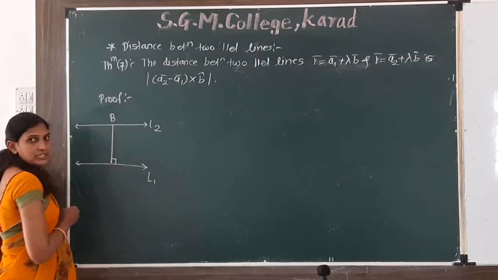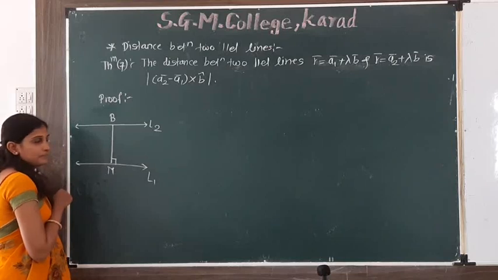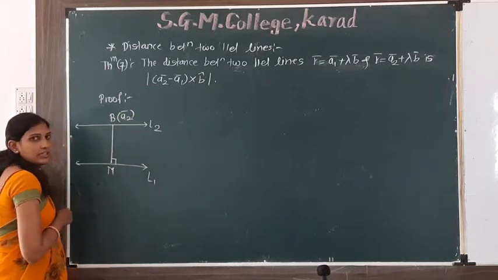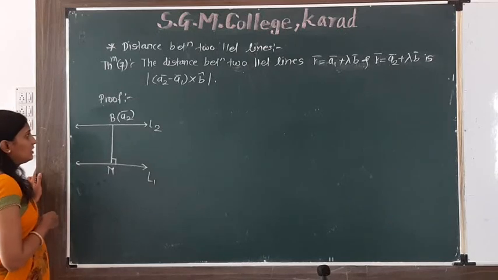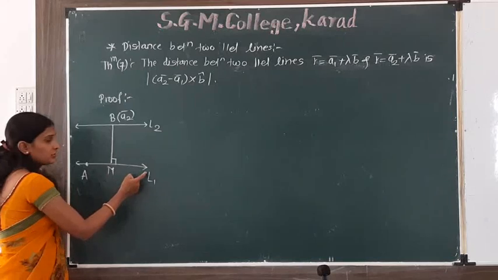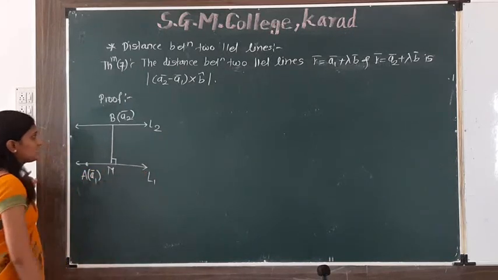This is the point B, and this is the foot of the perpendicular M. Its position vector is A2 bar. Consider any point A on the line L1 whose position vector from the origin is A1 bar.